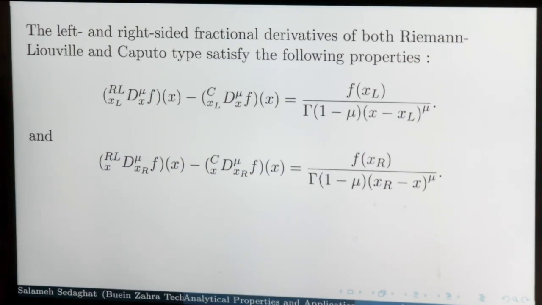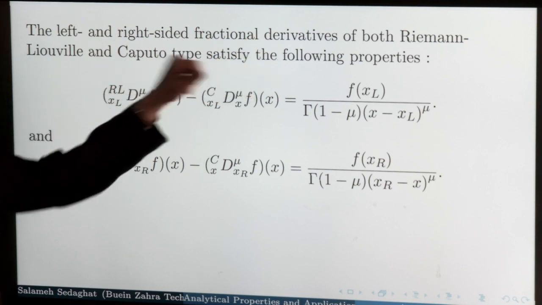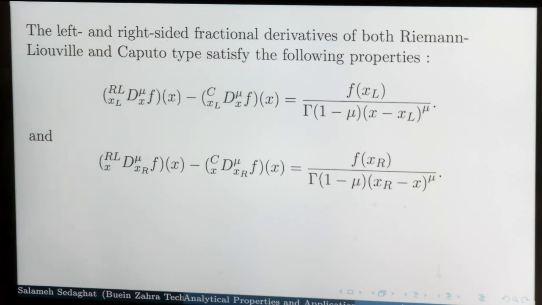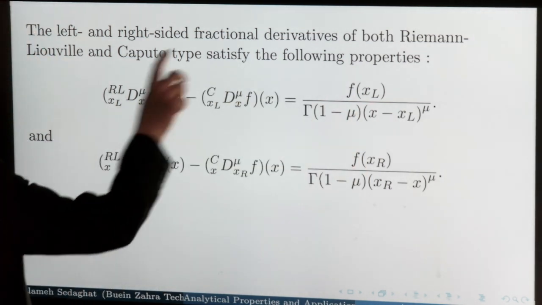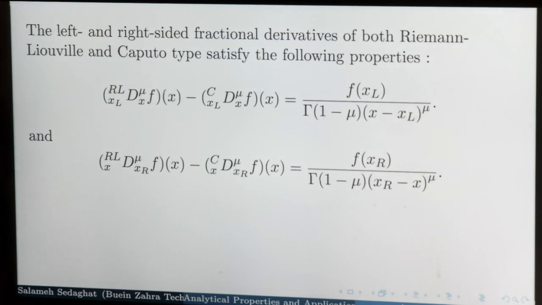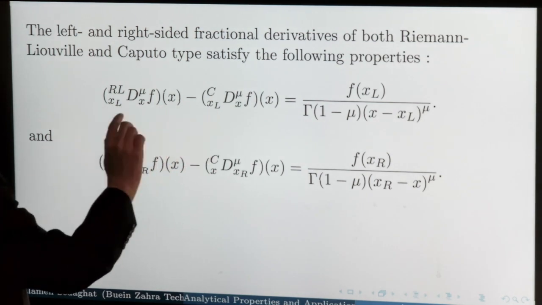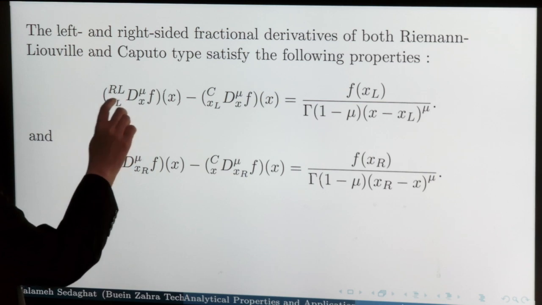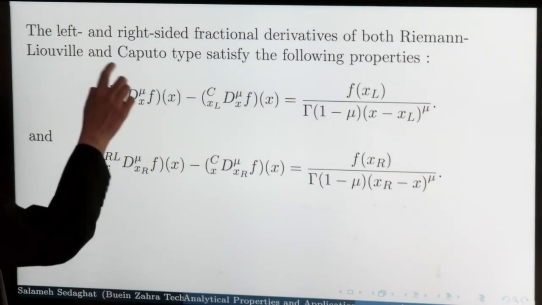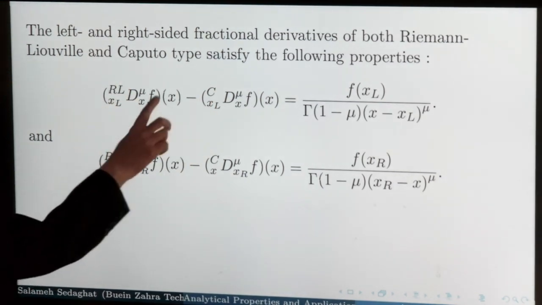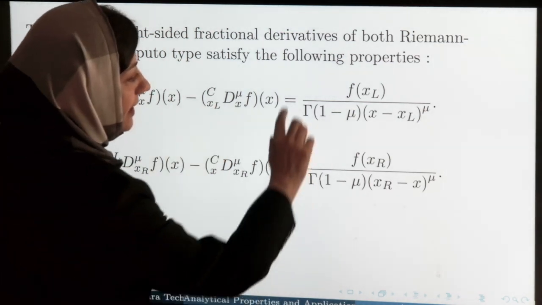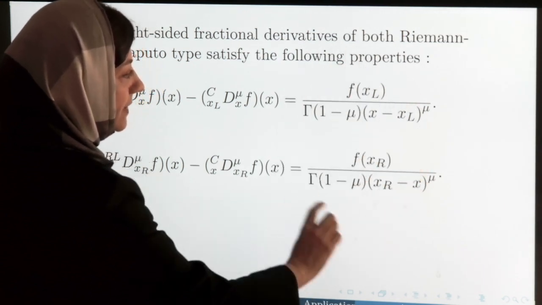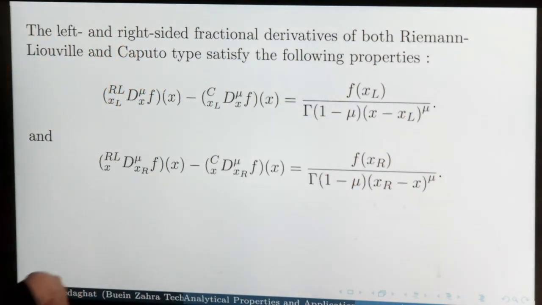The left-sided and right-sided fractional derivatives of Riemann-Liouville and kappa 2 type satisfy the following properties. The difference between the kappa 2 derivative and the Riemann-Liouville derivative of order mu for left side and right side can be obtained from these equations.